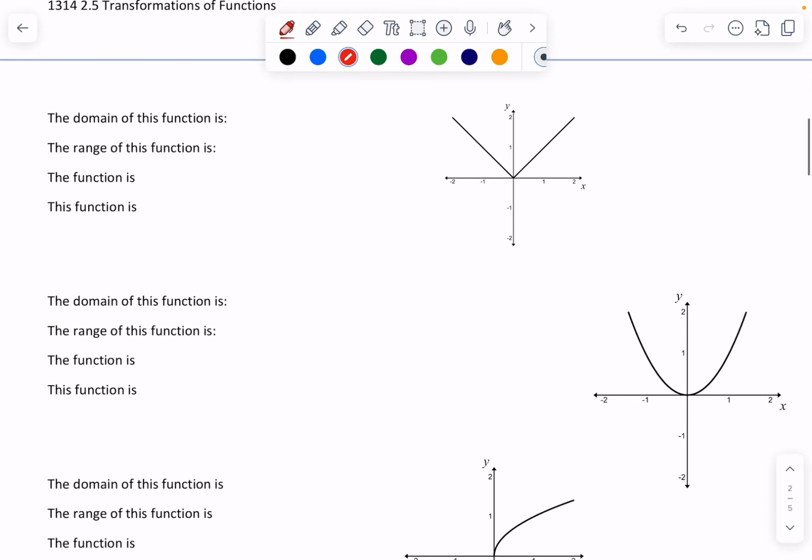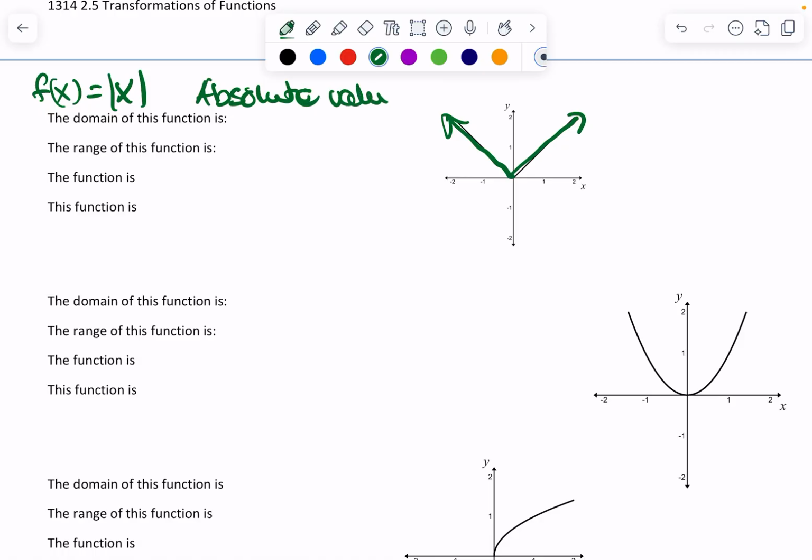Okay, next one here. The graph is this right here. This is f of x equals absolute value of x, so this is the absolute value function. The domain of this function is going to be negative infinity to infinity.